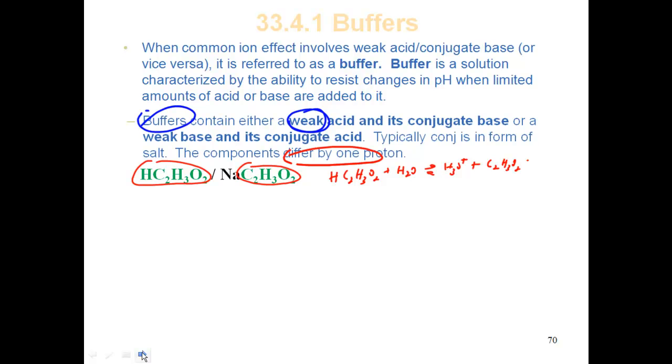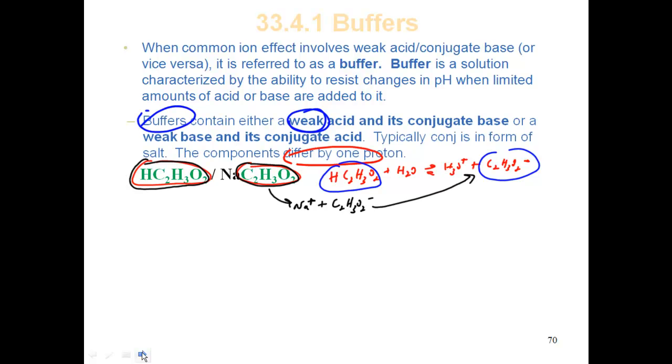So we're looking for that acid and its conjugate base, and that's what we're seeing here. We have our acid and our conjugate base species, because that salt is a soluble salt, it's going to break up into sodium ions and acetate ions, giving me my acetate ions, and I have my acid component.